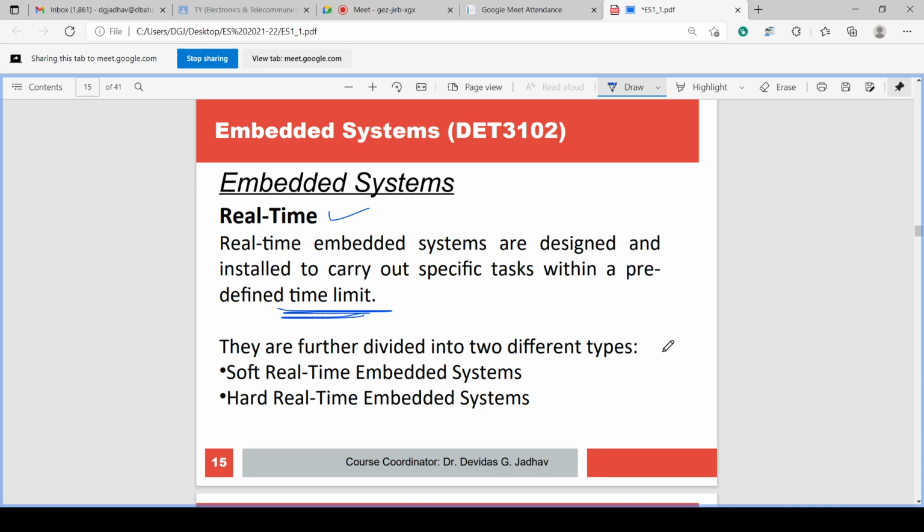Take a very simple application, the mobile. Suppose you talk and it reaches the other end after 30 seconds, then that person listens and replies, and that reply comes back to you after 30 seconds. So you talked for 10 seconds, the time for reaching is 30 seconds, and the time for the other person listening is again 10 seconds.